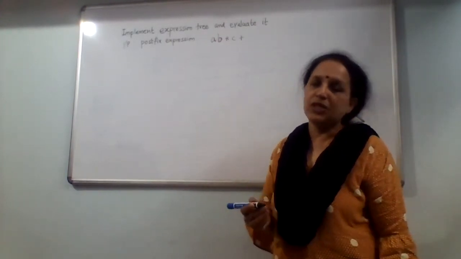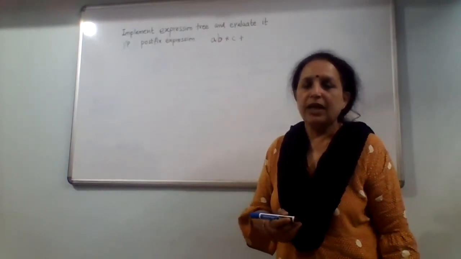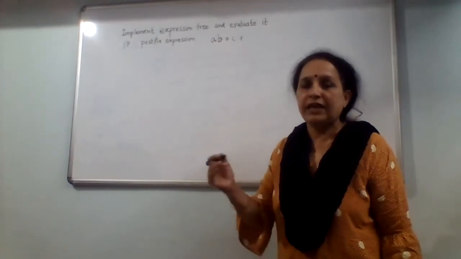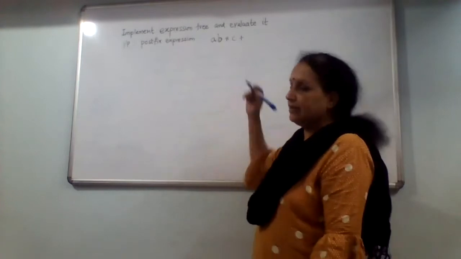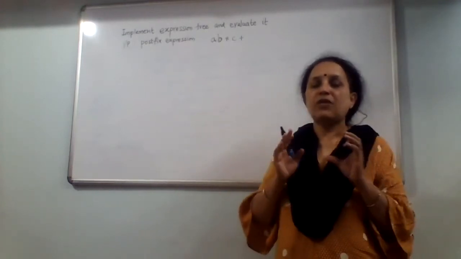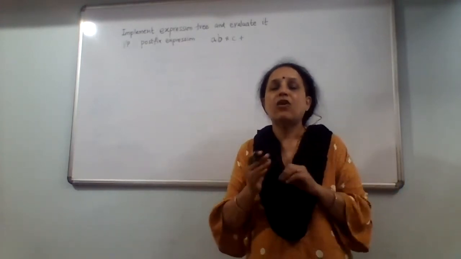Now the postfix expression here we are taking as a string and we are scanning each and every character. We are creating a node for each character and there are two types of character: one is operand and one is operator.